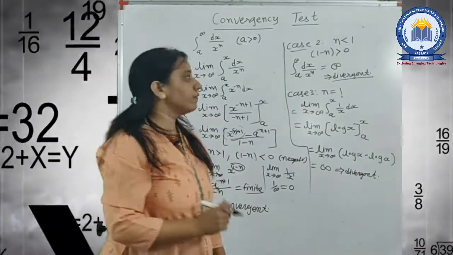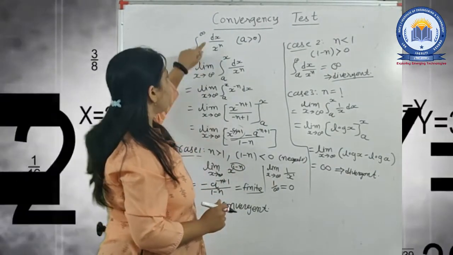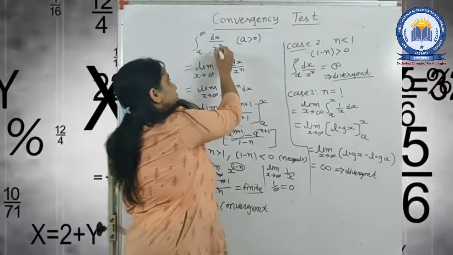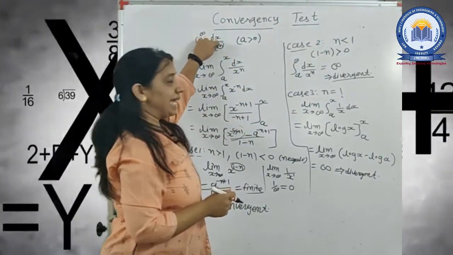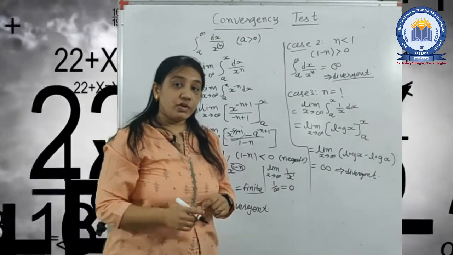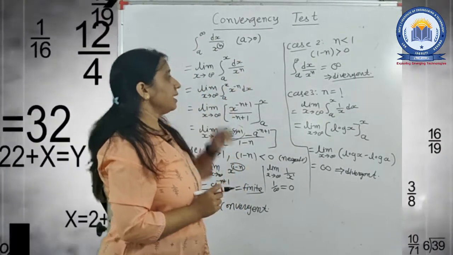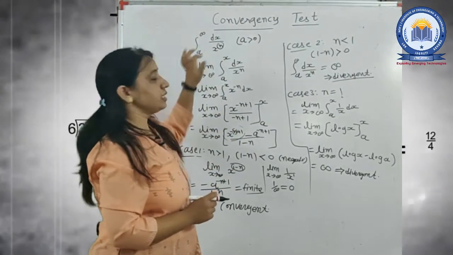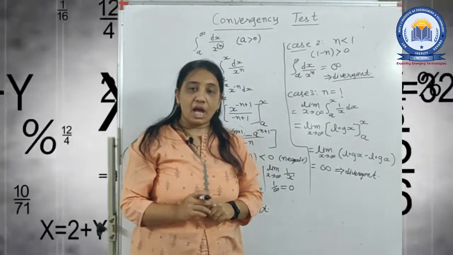So if this kind of function is given, that means 1 upon x raised to something, we have to consider n. From the value of n directly, we can say whether this integration is convergent or divergent. How?